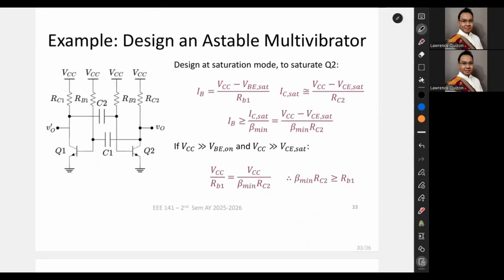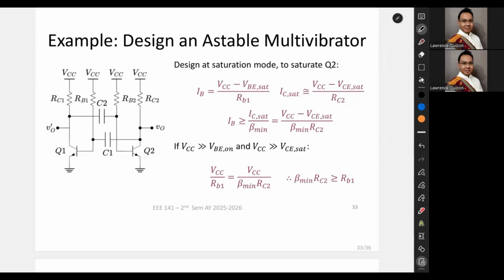Since we have all of the specs already, we can start designing. For Q2 to be saturated, IB has to be greater than IC sat. This is the formula for IB for this circuit: VCC minus VBE sat over RB1. This is IC sat.